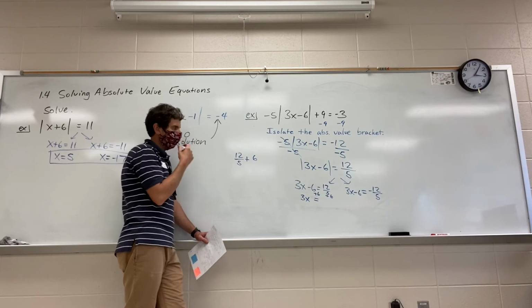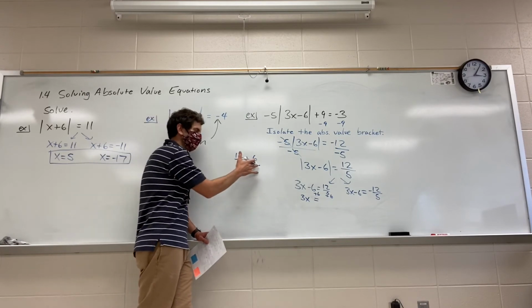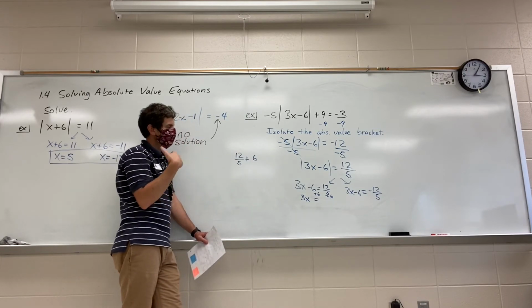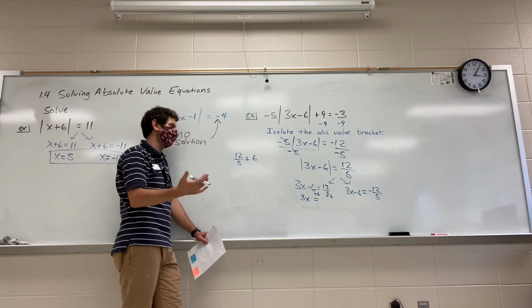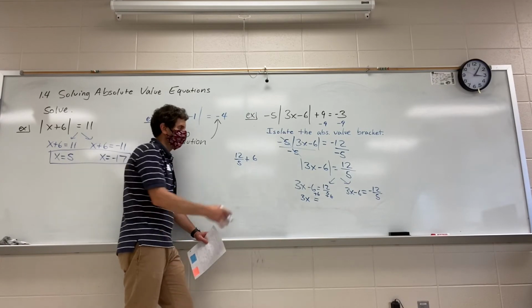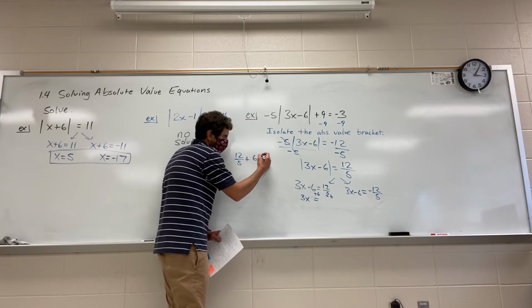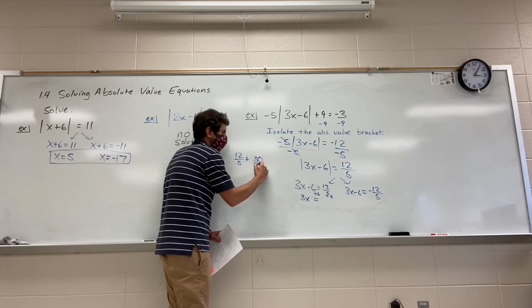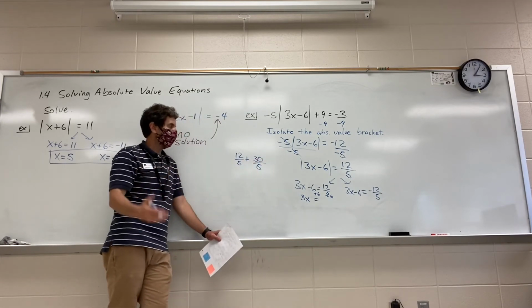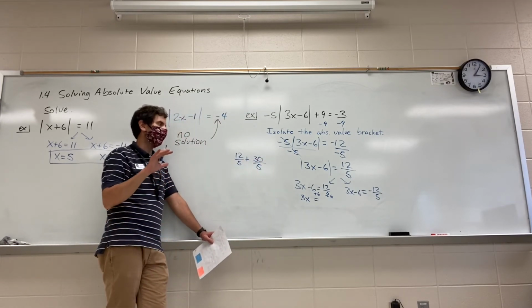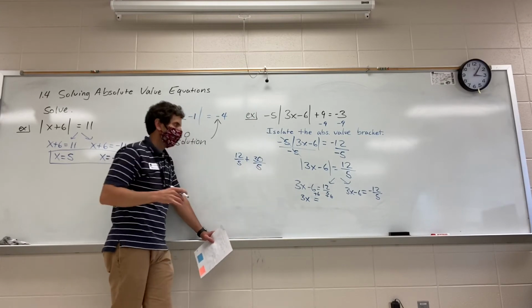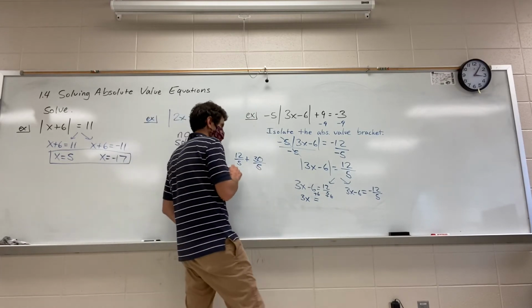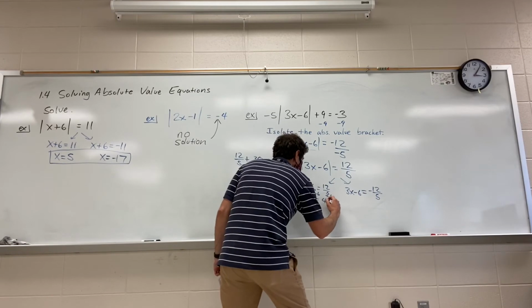So you're going to want to rewrite 6 as something over 5 that is equivalent to 6. So what I would do is actually multiply it by 5/5. So you would get 30/5, which I hope you agree is 6. Now we've got a common denominator. We can go ahead and add those together and get 42/5.